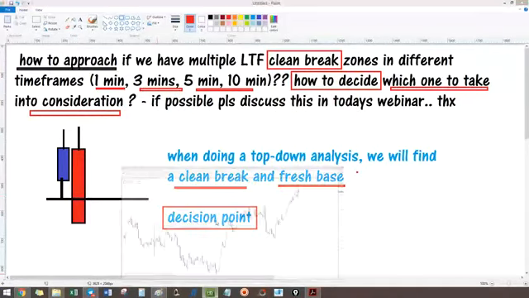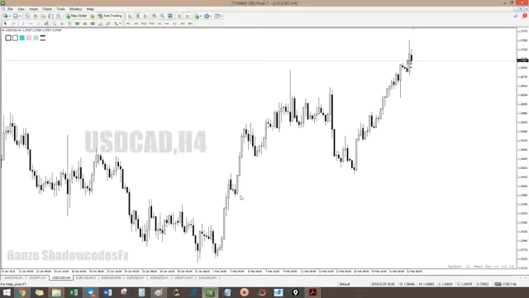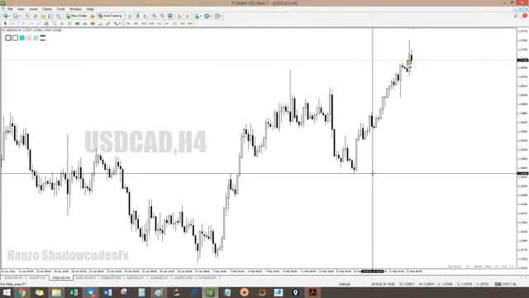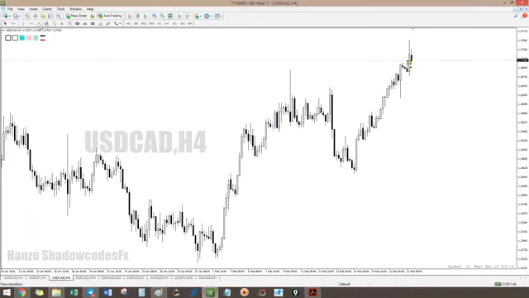Let's see, so how to do it? For example, I use this UCAT H4. Why does it turn here? So let's take this one. Why does it turn here? Let's go to a lower time frame.